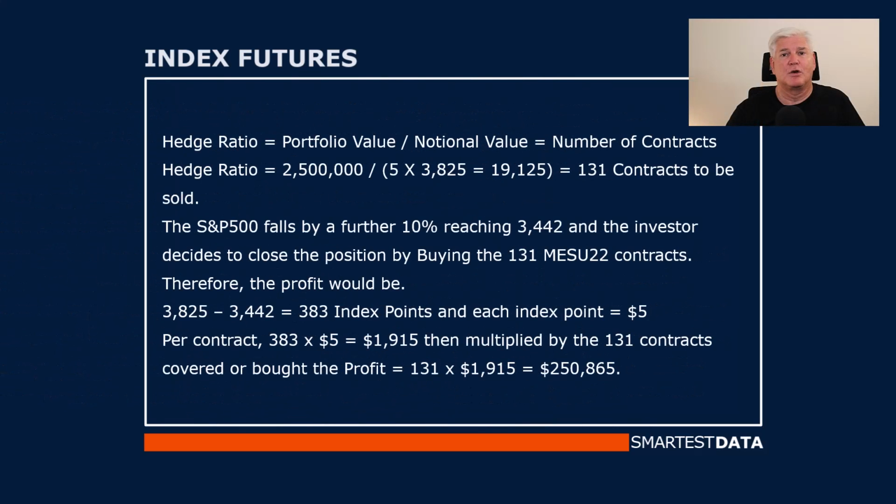The hedge ratio equals the portfolio value divided by the notional value, which equals the number of contracts that need to be sold. The hedge ratio is 2.5 million divided by $5 times the current index level of 3,825. This comes to a figure of 19,125. Thus, the 2.5 million is divided by the 19,125, which equals 131 contracts that need to be sold.